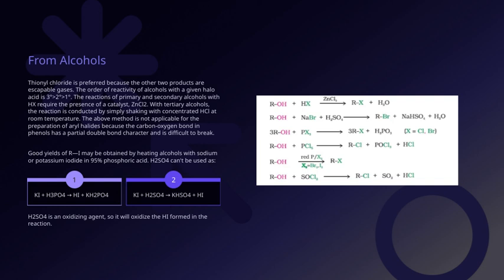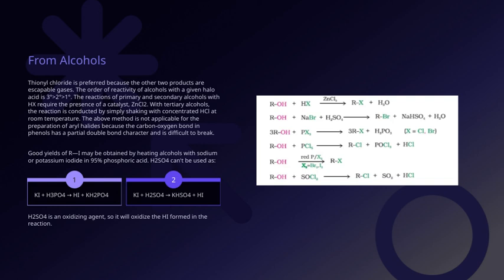Now, when it comes to the reactivity of alcohols with haloacids, tertiary alcohols are more reactive than secondary, which are more reactive than primary. The order of reactivity is 3 degrees, 2 degrees, 1 degree. For primary and secondary alcohols, the reaction with HX, hydrogen halides, requires a catalyst, usually zinc chloride, ZnCl2, to proceed efficiently. However, tertiary alcohols react just by shaking them with concentrated HCl at room temperature.